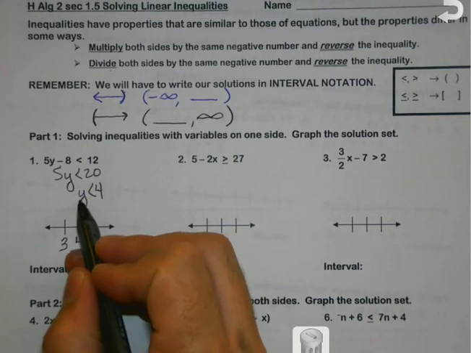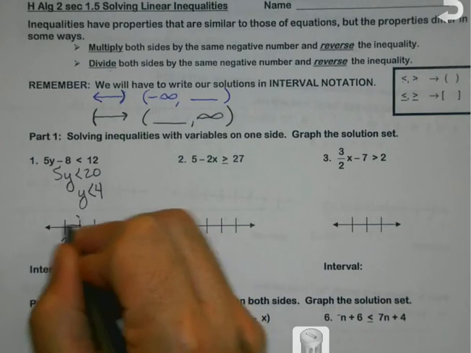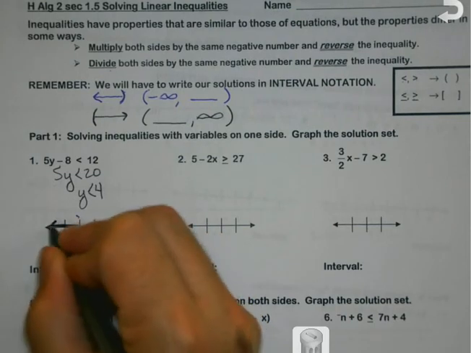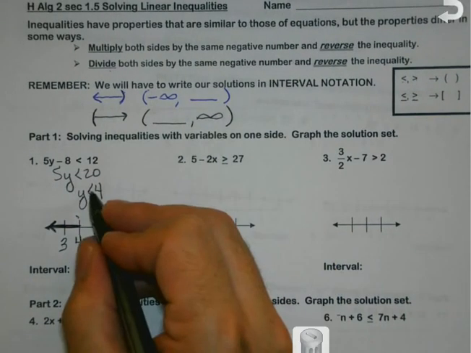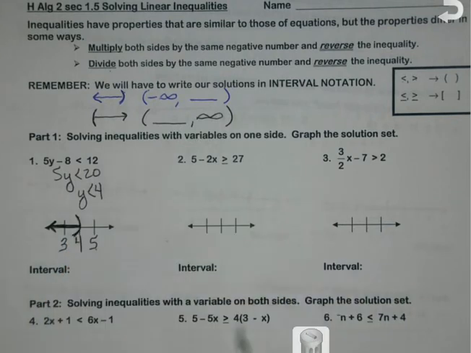So here I go, okay, y is less than 4, the arrow's pointing at the y, so we know we're going to be heading left. And less than is just going to be a parenthesis because it's not or equal to. Get my graph. But we're also going to be doing interval notation with all of these.